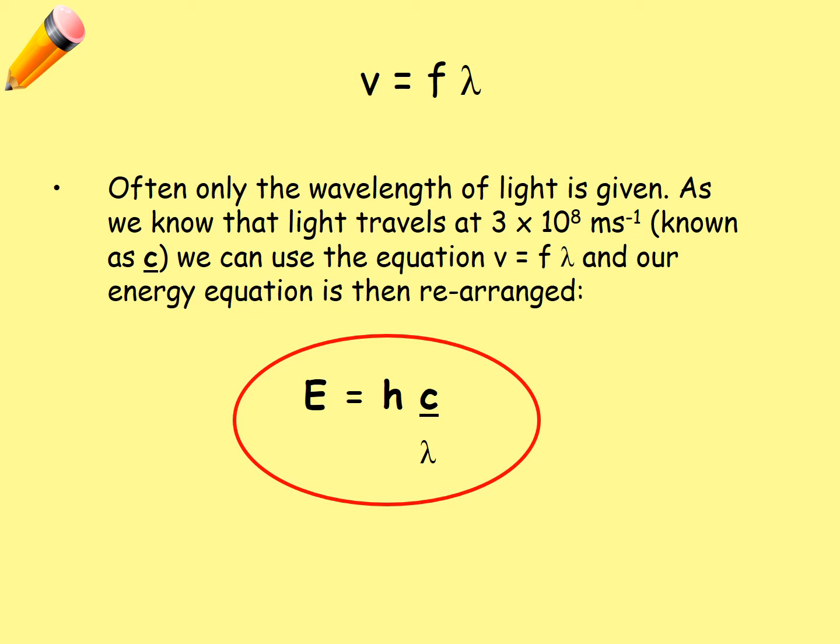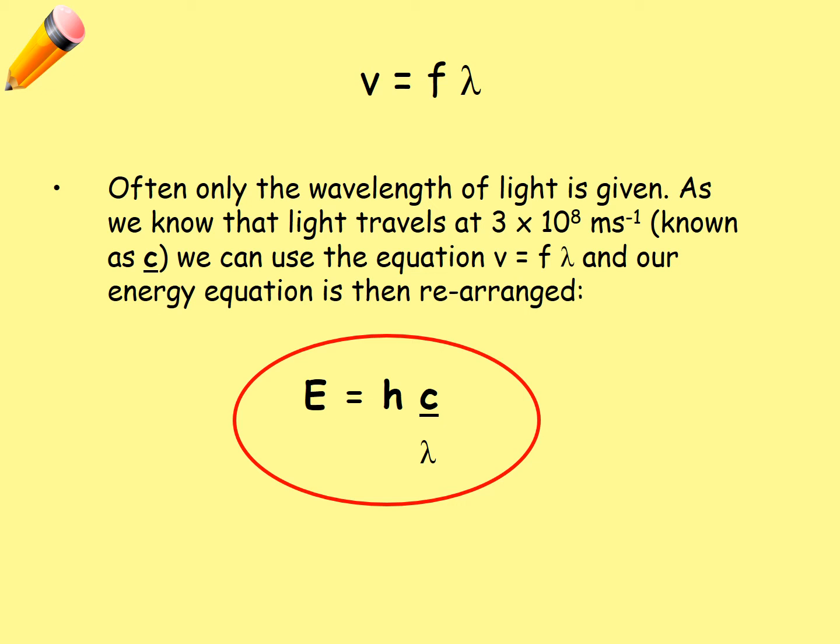And in our dynamic universe, when we were looking at relativistic physics, we used the symbol c to represent the speed of light. And then we used it again when we were looking at nuclear radiations in the equation E equals mc squared. So using the equation v equals f times lambda, rearranging for f, and applying c as v, the speed of light, we end up with the formula E is equal to hc over lambda.